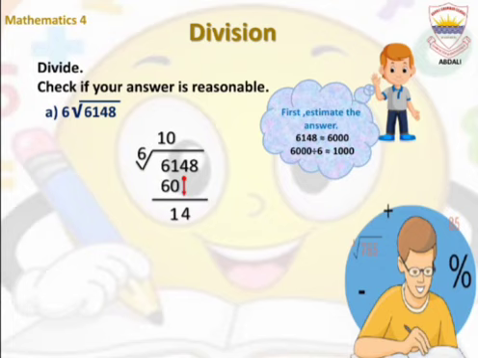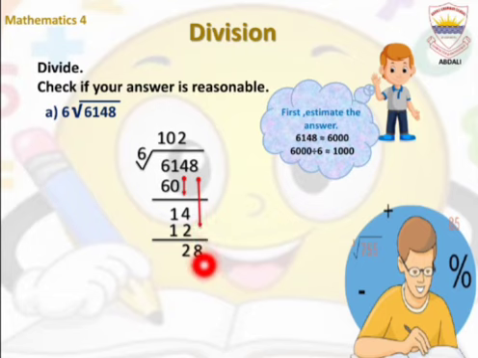Now student, we write 4 with 1. It's 14. Now student, when we multiply 6 by 2, 6 twos are 12. We write 12 under 14. When we subtract 12 from 14, we get 2. And we write 8 with 2.